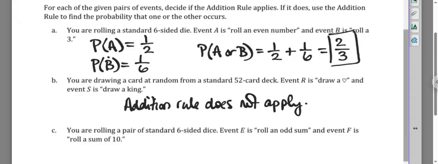We will be able to answer that question in the next part, where we account for the events that are not mutually exclusive.